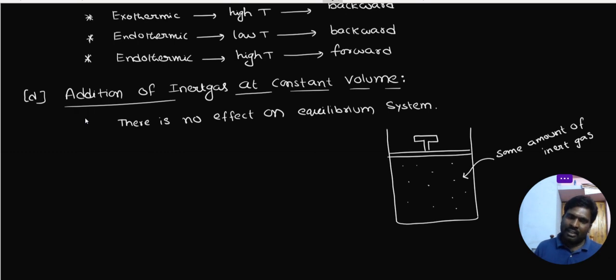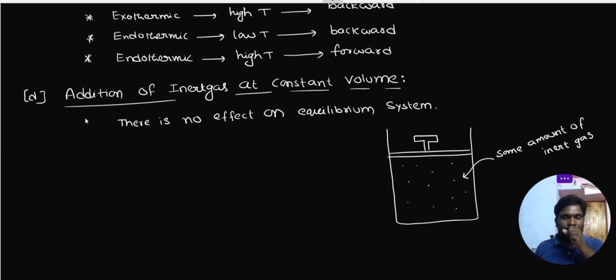Sir, why are we adding only inert gas? Can we add any other gas? If we add any other gas, the product you are expecting may not form; maybe another product will be formed.